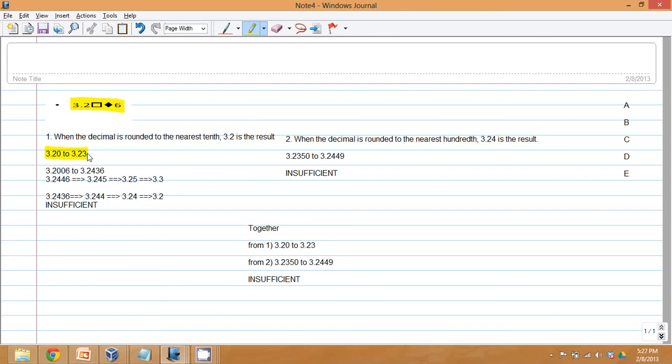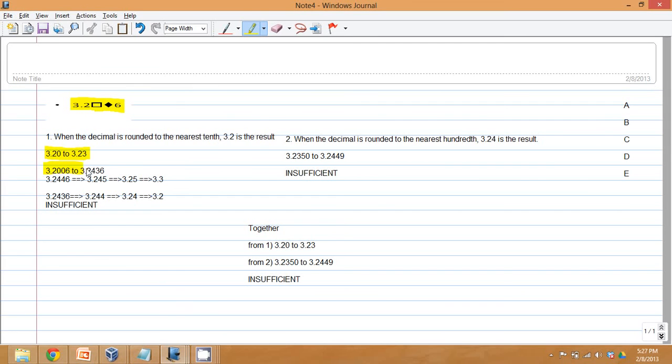But if you see, I've written here 3.23. This is because, even though we don't know what the 100th digit is, we're given the 10,000th digit over here, that is 6. So suppose we were rounding it off, we know it can go from 3.2 to 3.24.